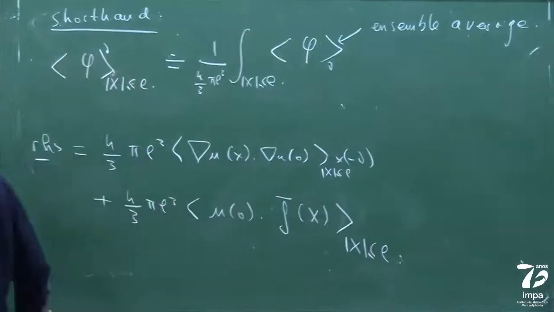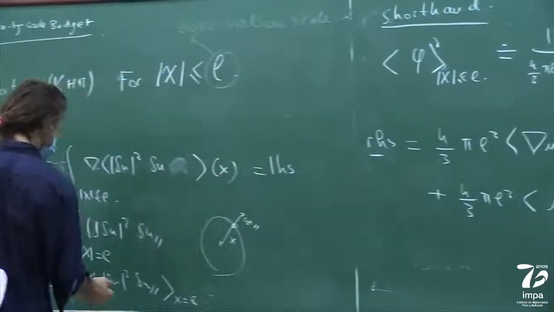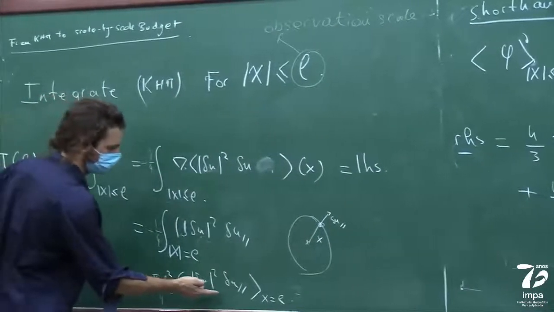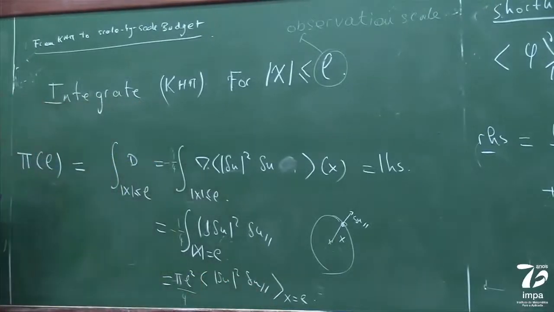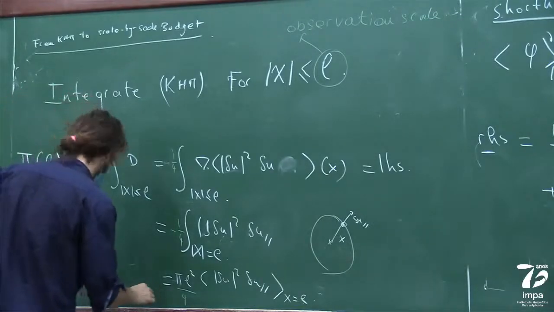Four missing again. So here it's the average with respect to x equal L. So the volume of the sphere in 3D is 4 pi L2.